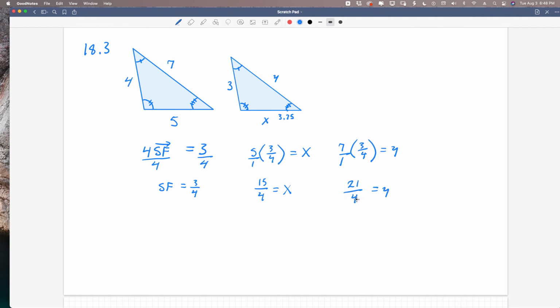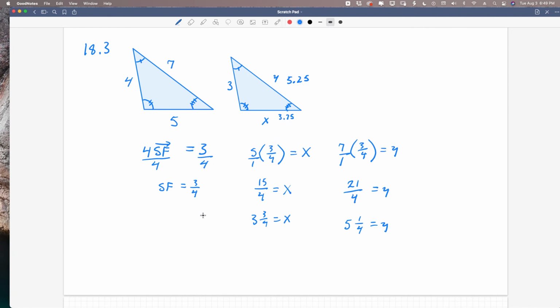We could reduce that and say 5 1/4, just like we said over here, 3 3/4. And we know that 1/4 is 0.25, so we could say this is 5.25 if we wanted to. Or we could leave it at 5 1/4. We could say 5 1/4 inches and 3 3/4 inches if that was the unit of measure.